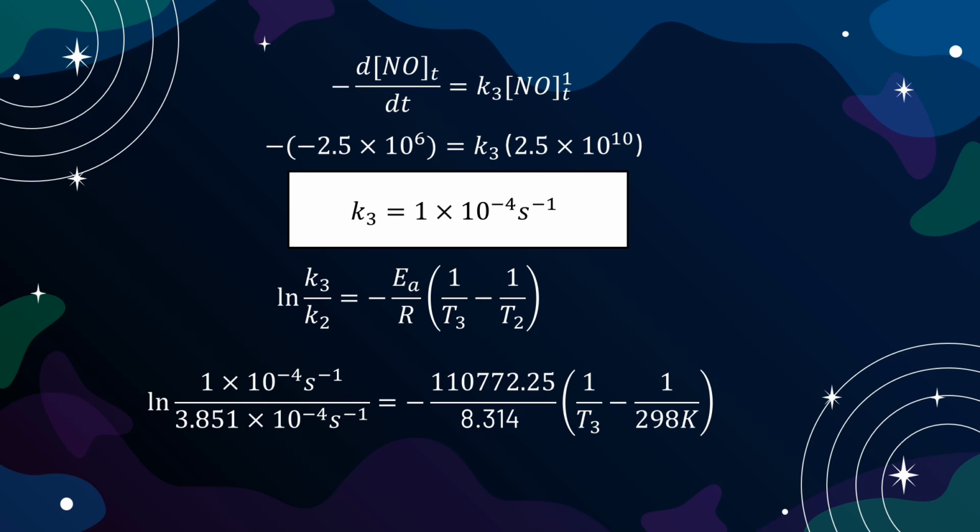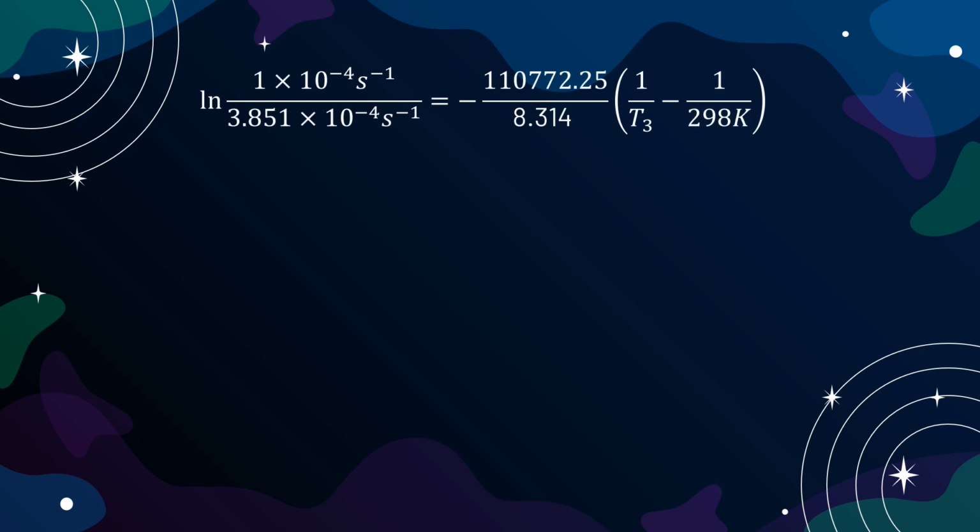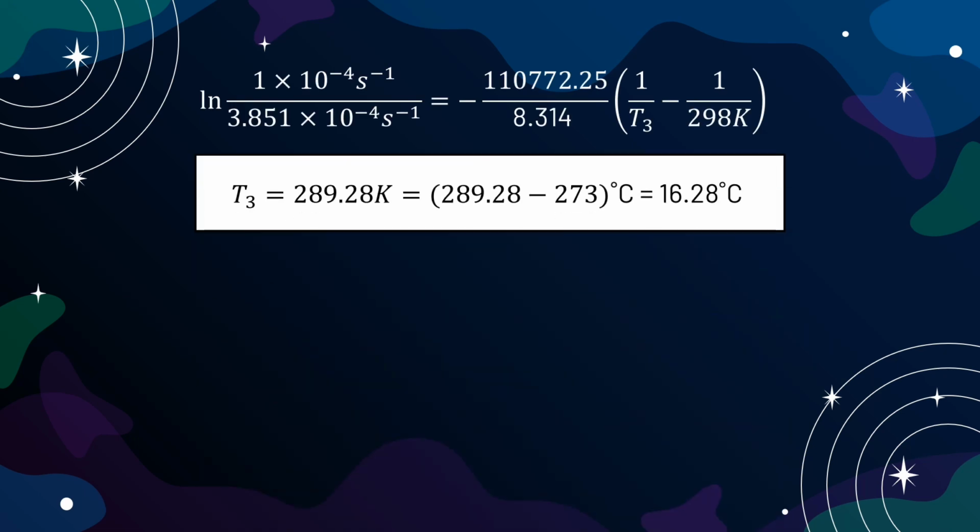Then we insert all the values we get. Then we will get the value of T3 is 289.28 Kelvin. Then we will change it to degrees Celsius. We get 16.28 degrees Celsius.